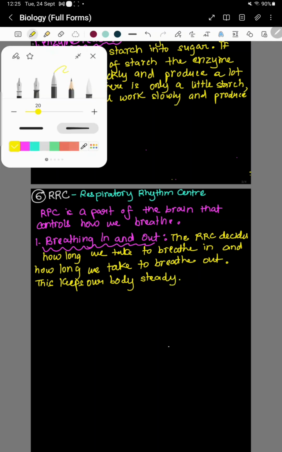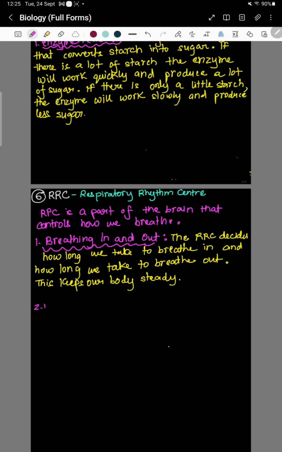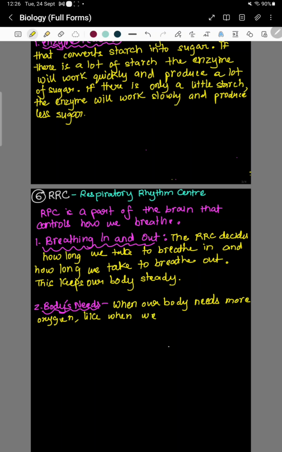Next, number 2, body's needs. When our body needs more oxygen, like when we exercise, the respiratory rhythm center, the RRC, makes us breathe faster.